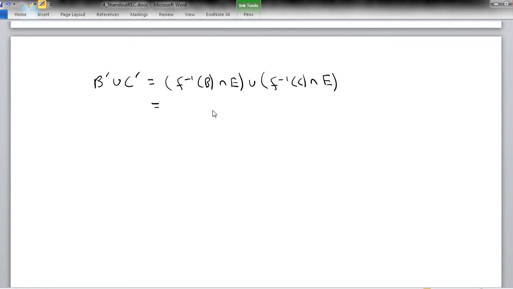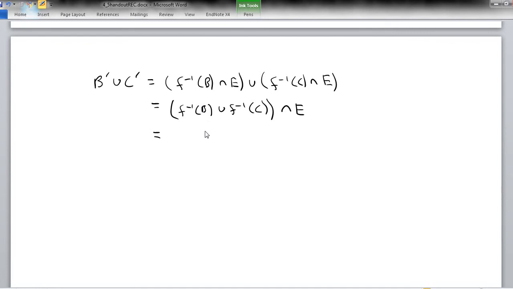So we can sort of factor the E out of this to end up with f inverse of B union f inverse of C, and then take that whole thing and intersect with E. Okay. So you can think about why that works. It's not too hard to make some sense out of that.